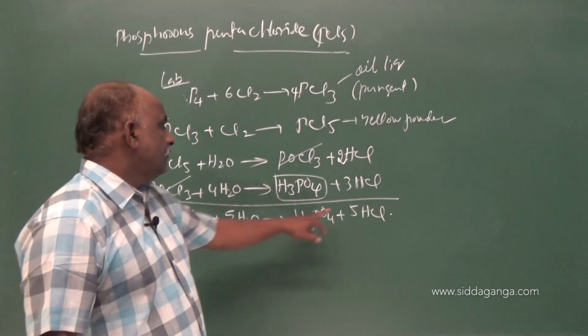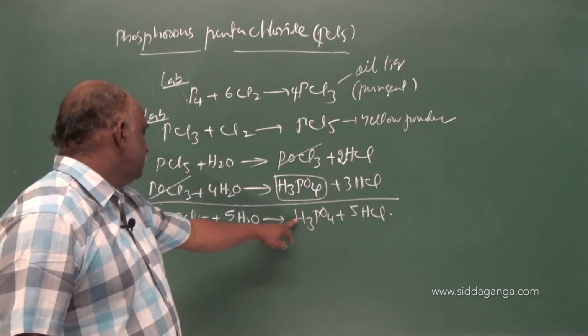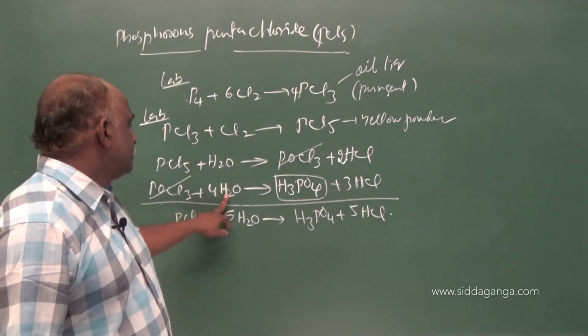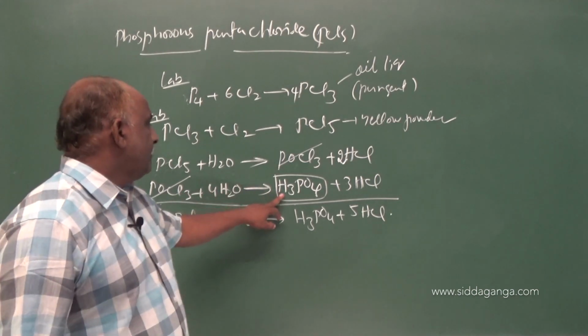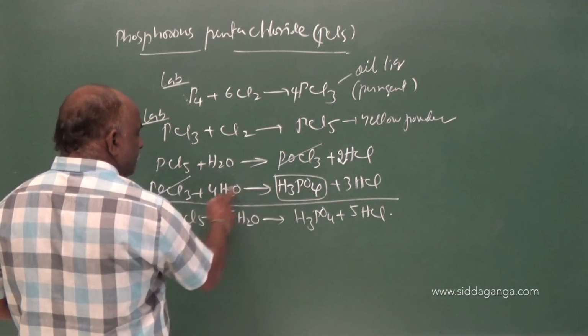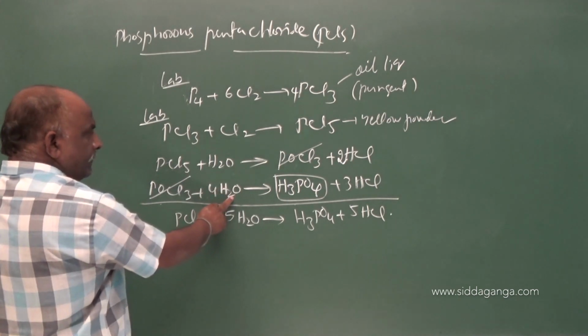5 twos are 10, 5 plus 3 is 8. POCl3 plus 4H2O gives H3PO4 plus 3HCl, 4 twos are 8.